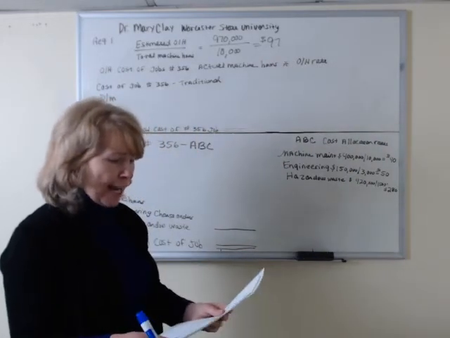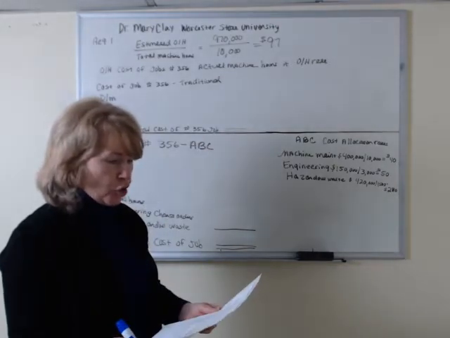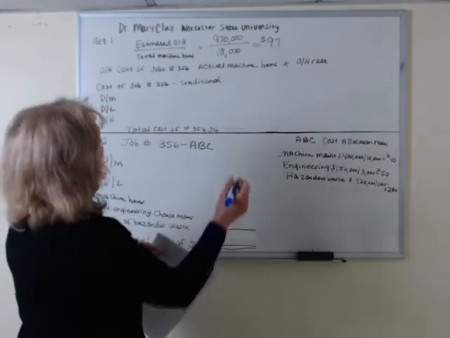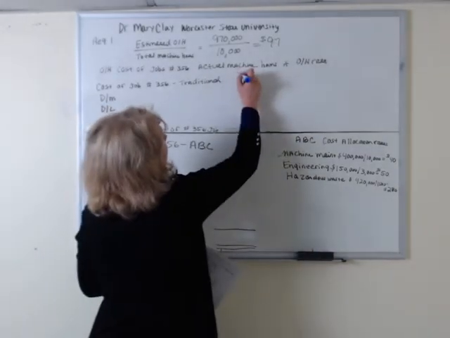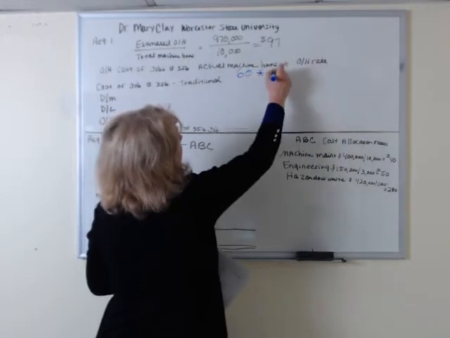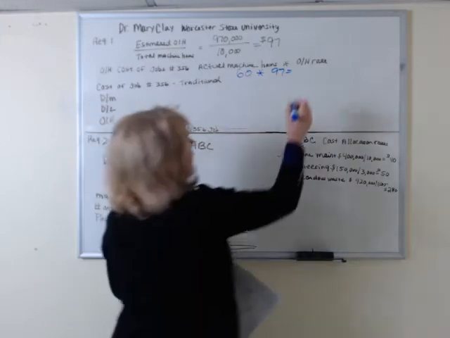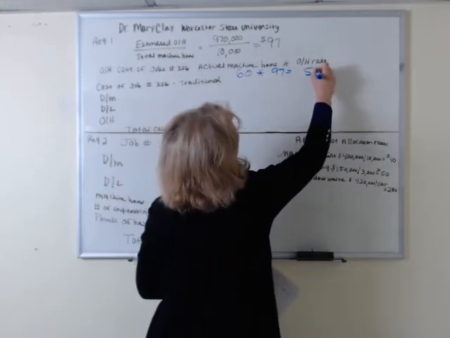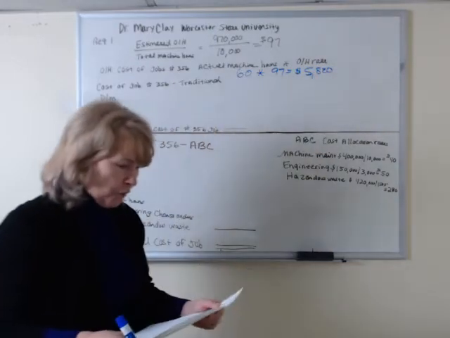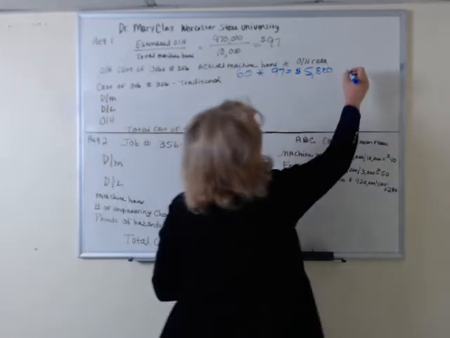We want the actual number for our cost driver, which is machine hours. So the actual machine hours are 60. And then we're going to multiply it by 97. When we do that, we come up with 5,820. Remember, that's our manufacturing overhead.